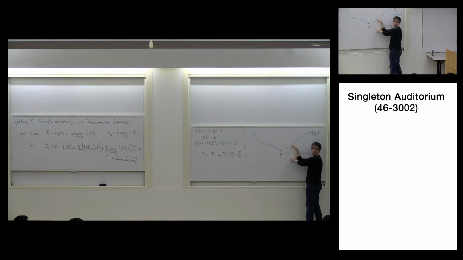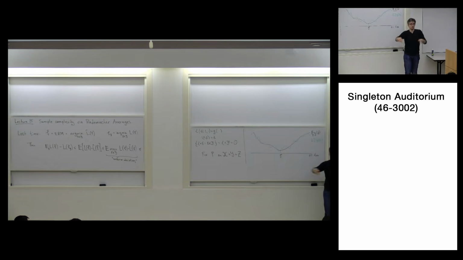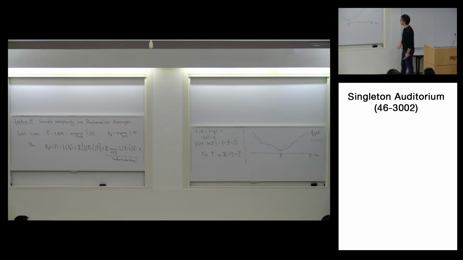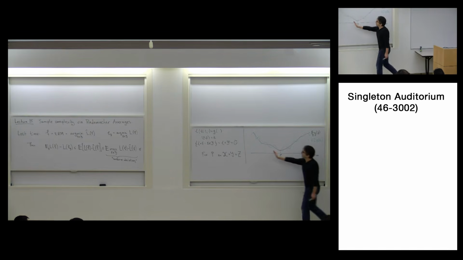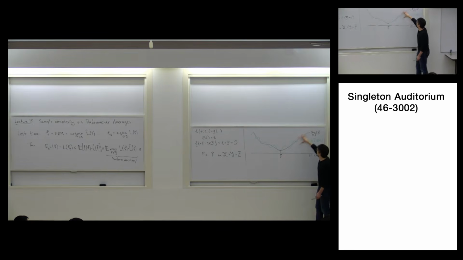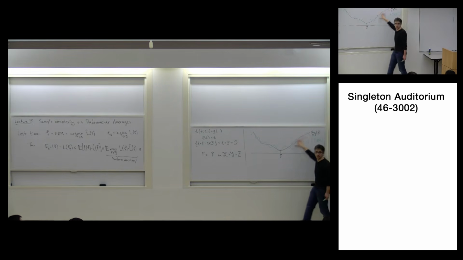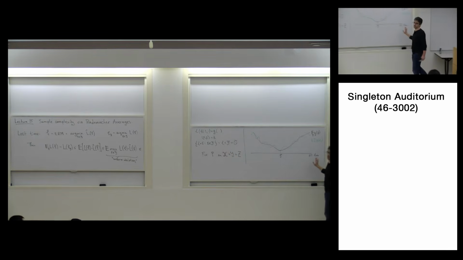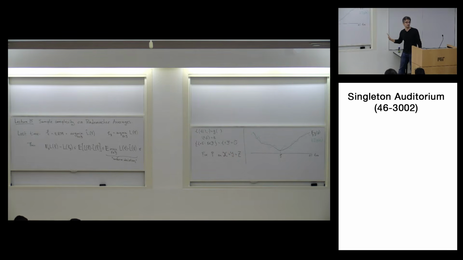So the empirical is close to expected with some tails, right? So sometimes it's off if you've got an unlucky set of data. But there is no way, in general, to say that these two curves are close for all the functions. It's just not possible. There are too many functions, right?